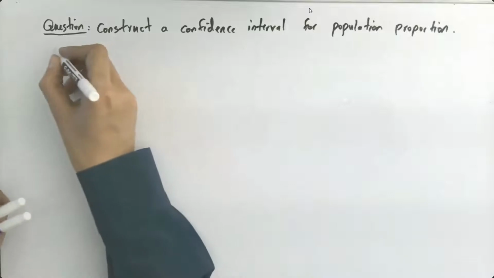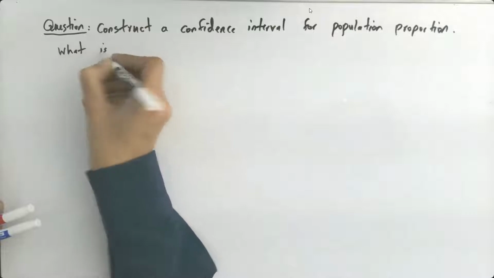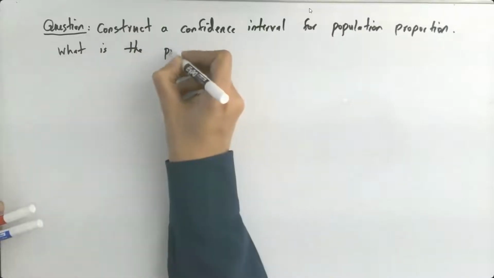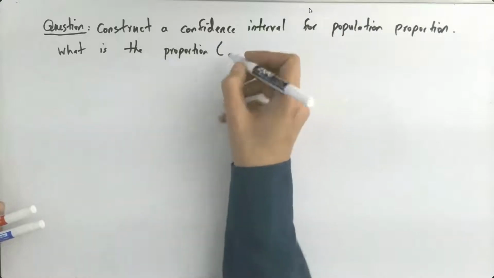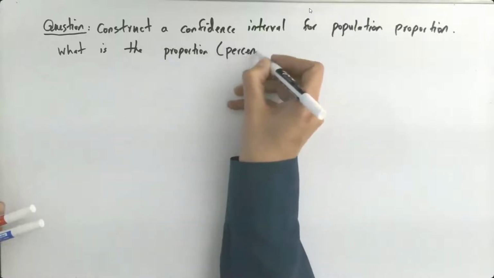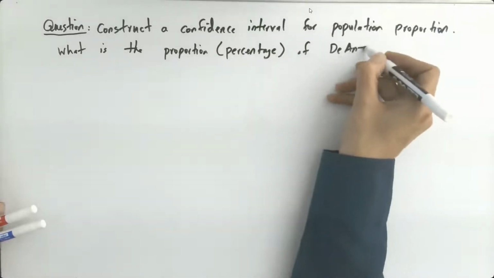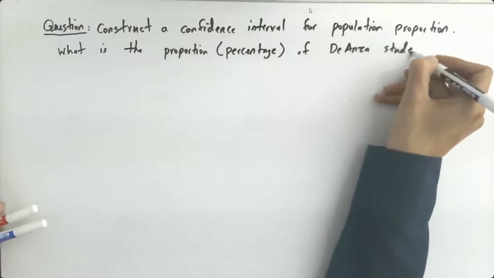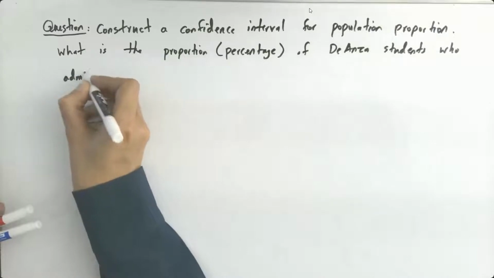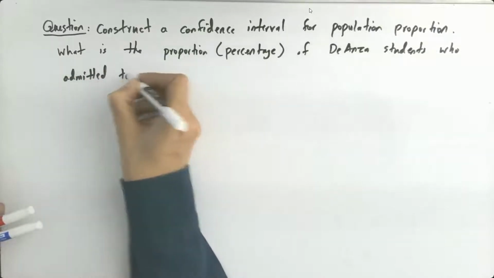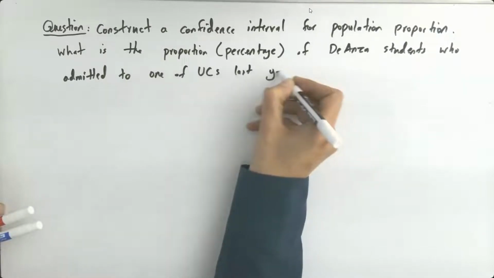So I want to know what is the proportion, guys, the percentage, of Diana students who were admitted to one of the UCs last year.